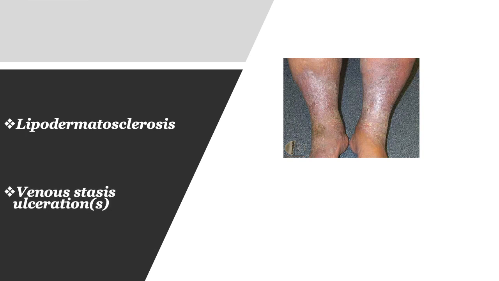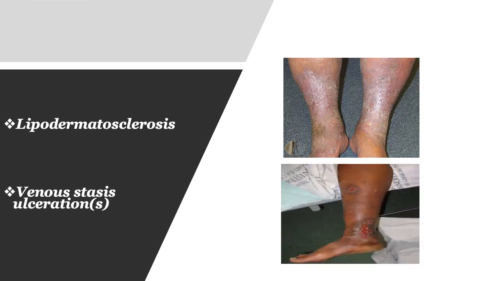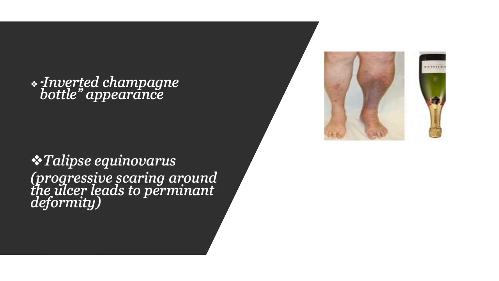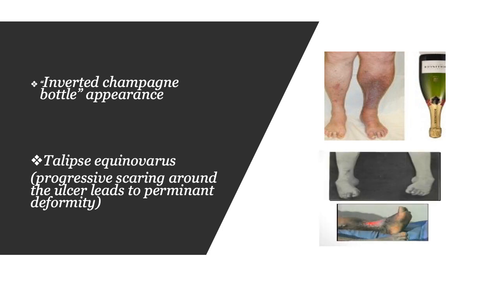Venous stasis ulcer, and sometimes you see inverted champagne bottle appearance like this with a chronic CVI, or Talipes equinovarus, which is a progressive scarring around the ulcer that leads to permanent deformity. As I said before, it is a rare and very advanced complication of CVI.